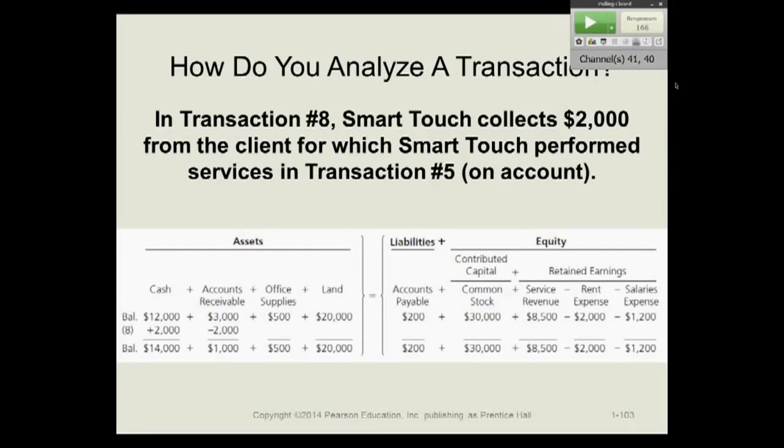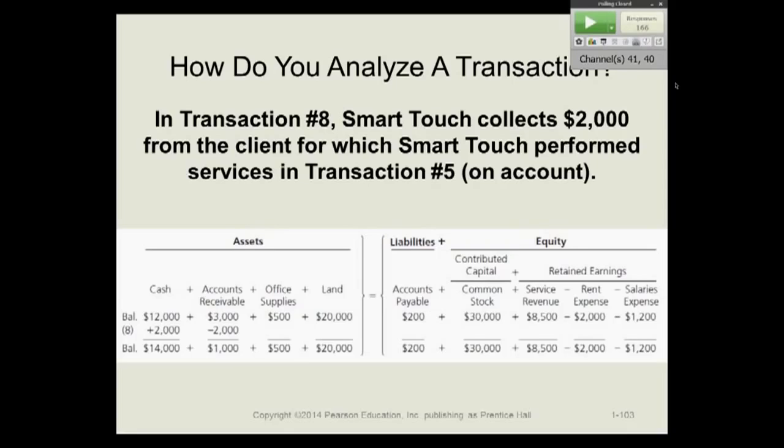Again, you change the composition of the assets, but not the total. The balance sheet still balances at $35.5. It's not revenue. The revenue was already recognized back here. You have to remember you recognized $3,000, I believe, in revenue on account, and now you're collecting $2,000 of it.